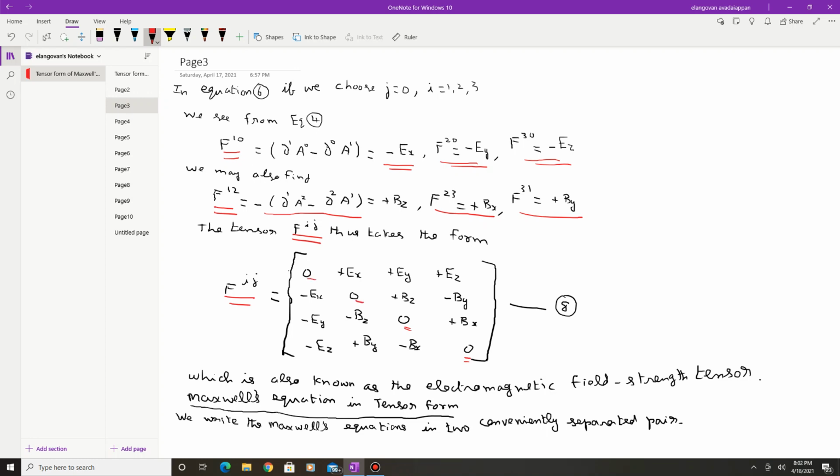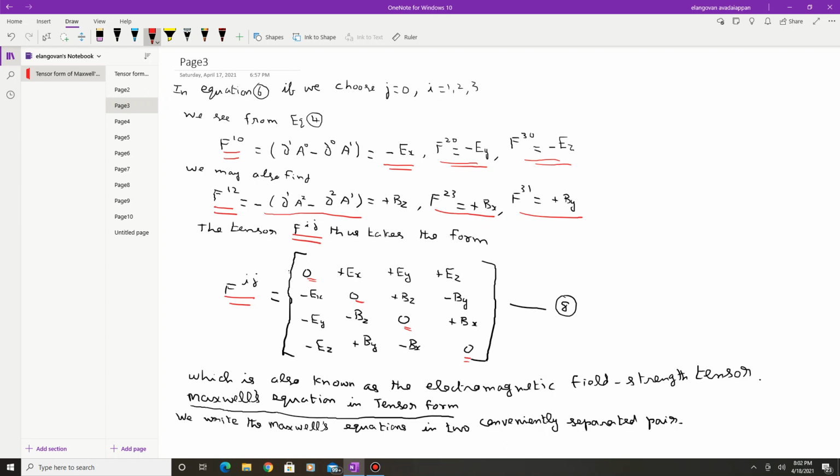The components F10, F20, F30 were calculated just before. So you substitute all the components and form the matrix, and this matrix Fij is a contravariant tensor of rank 2.